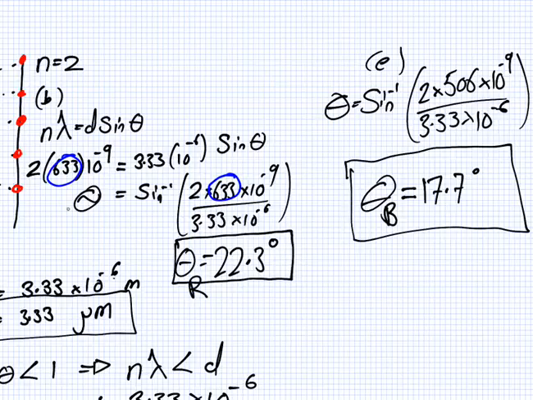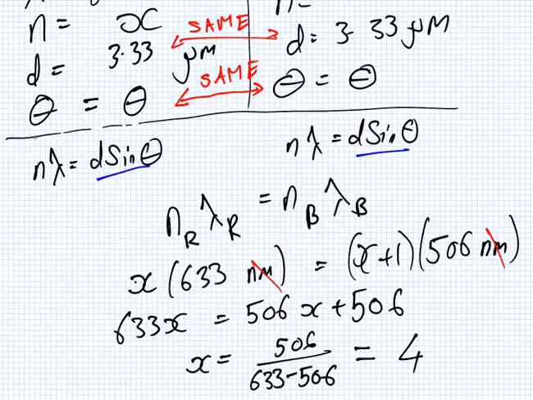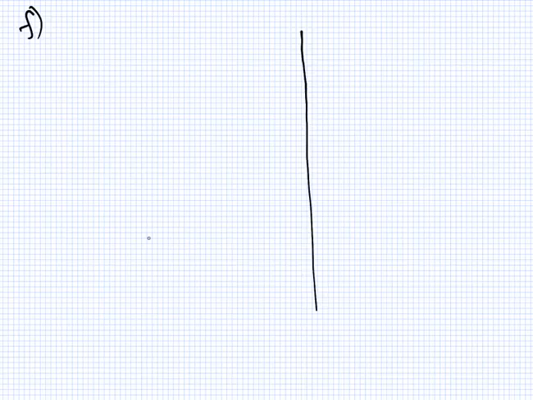So you get x equals 506 over 633 minus 506, which equals, what's that please? Which is 3.98, okay, so 4.